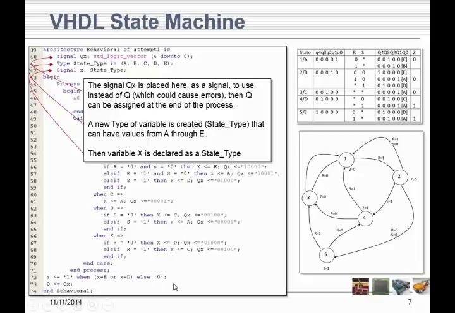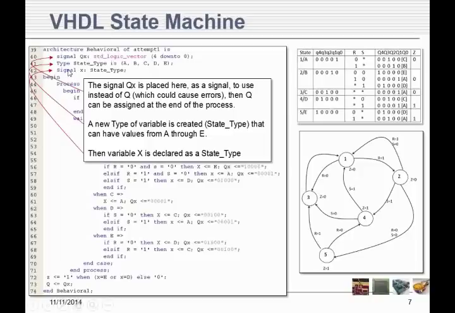Z is my output, and so the next thing I have to do is handle these states A, B, C, D, or E. I almost always create a new type of variable called a state type, and it can take on the values of A, B, C, D, or E, and that's it.